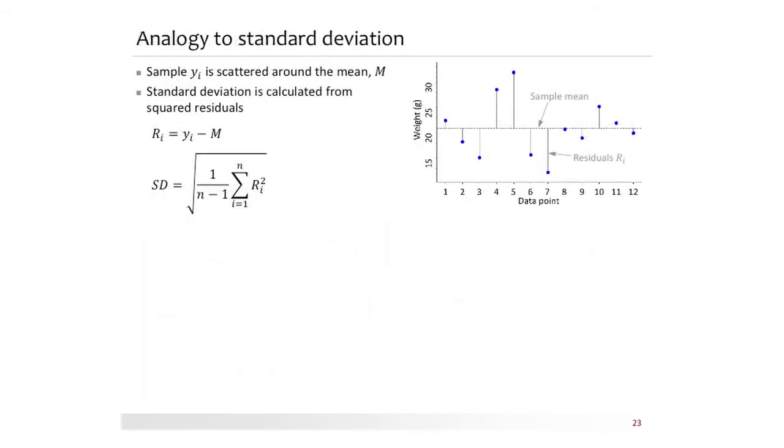So before I go there, I need to do some analogy with standard deviation. If you have a sample of points, let's call them yi, they are scattered around the mean. There are 12 data points here. This is the mean, and there are residuals showing you how points are scattered around the mean. And residual is the actual data point minus the mean.